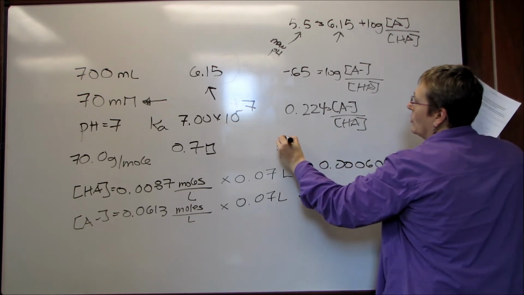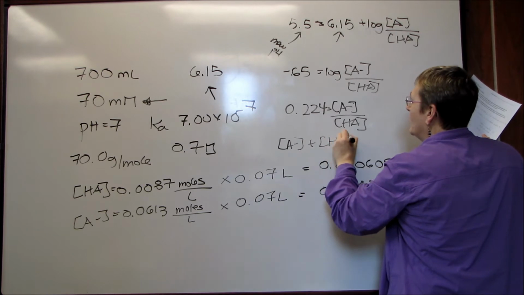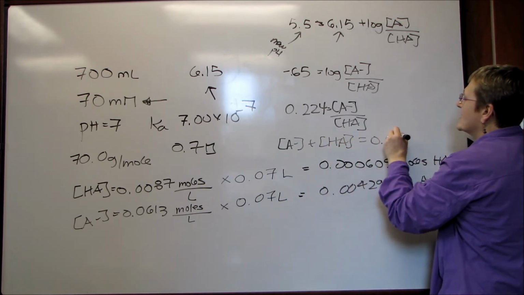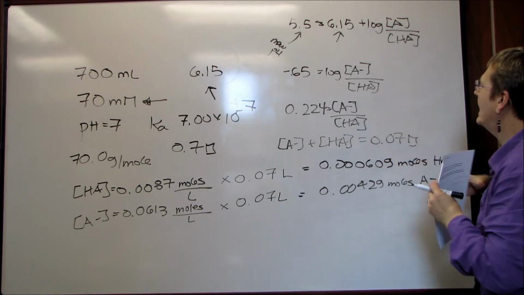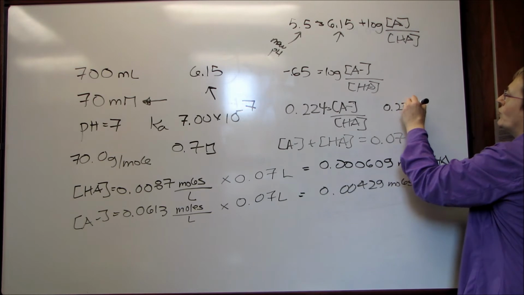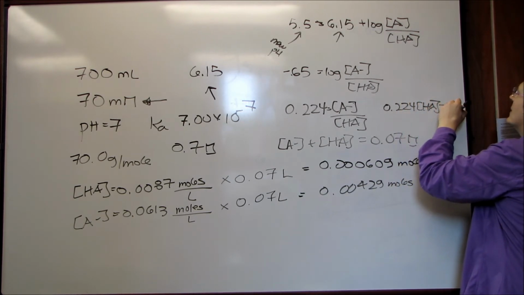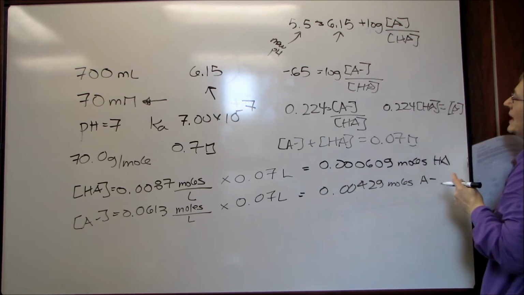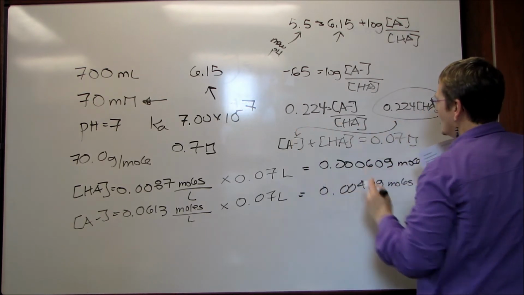And we also know that the sum of A minus plus HA is still, and always will be, equal to 0.07 molar. So I am going to rearrange this. I'm going to say that 0.224 times HA is equal to A minus. Okay? I'm going to use that value and substitute into this equation.